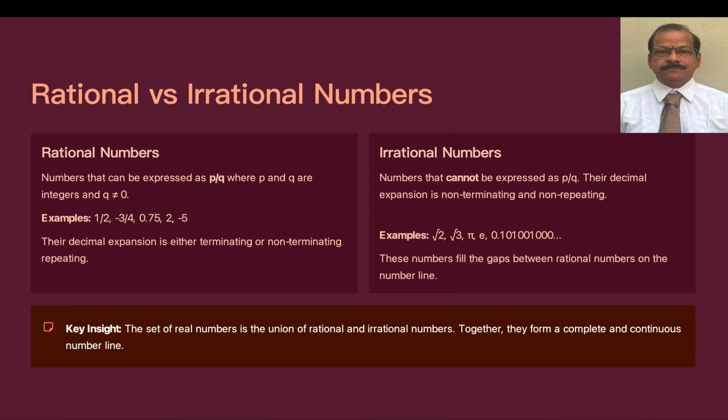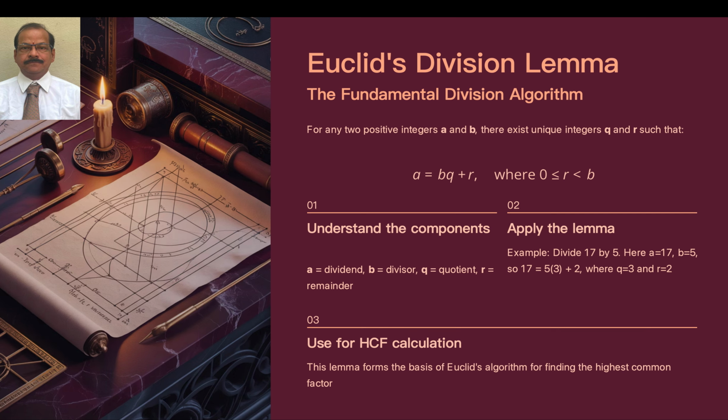Now, we can always express any integer in terms of another integer with the help of Q and R. So A equal to BQ plus R, where R is less than B but greater than or equal to 0. B is the divisor, A is the dividend, Q is the quotient, and R is the remainder.